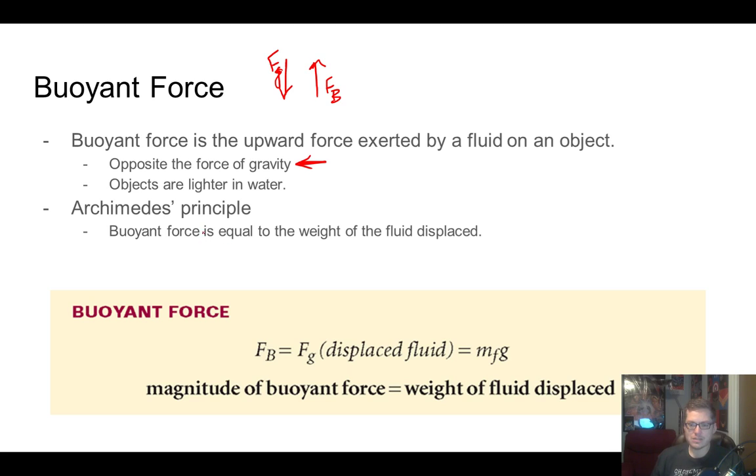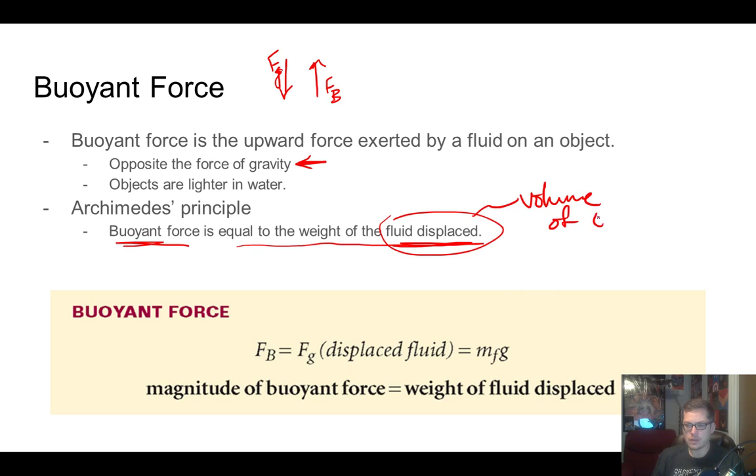Okay, and this leads us to the idea of Archimedes' principle. The buoyant force is equal to the weight of the fluid that's been displaced. And really, the fluid that's been displaced, this is the volume of the object.